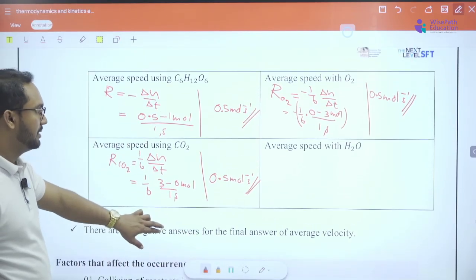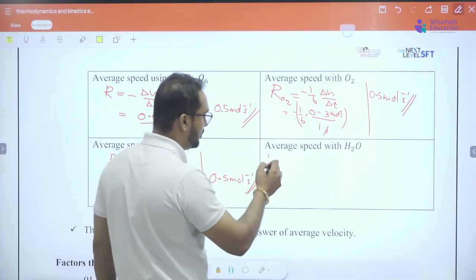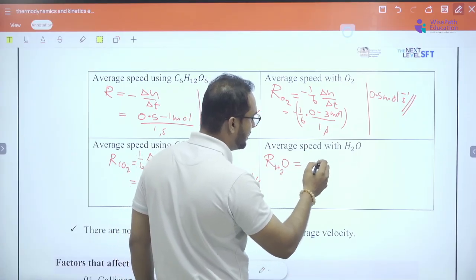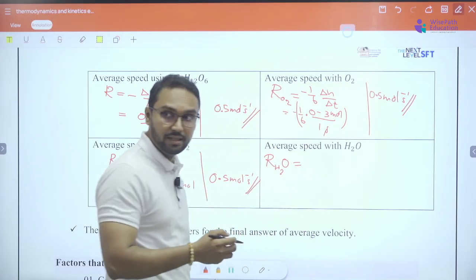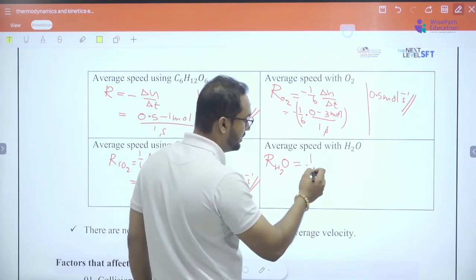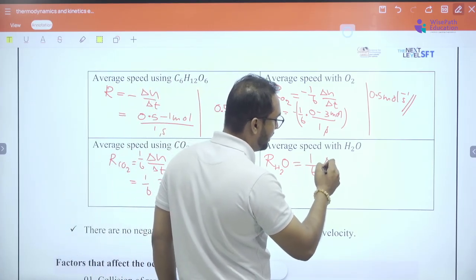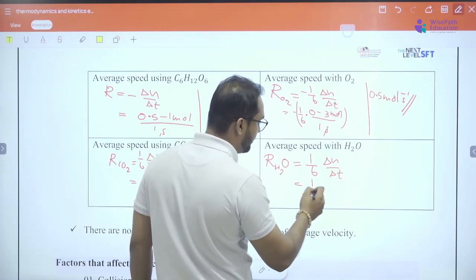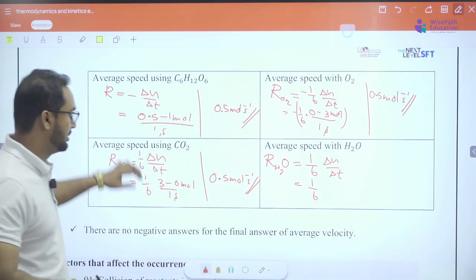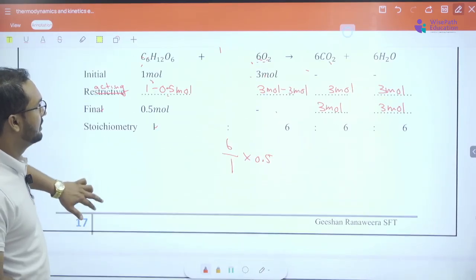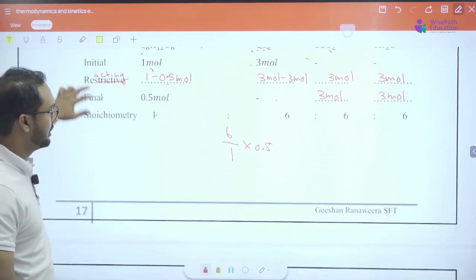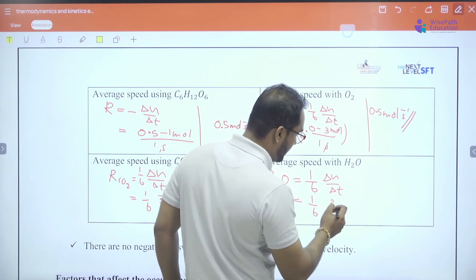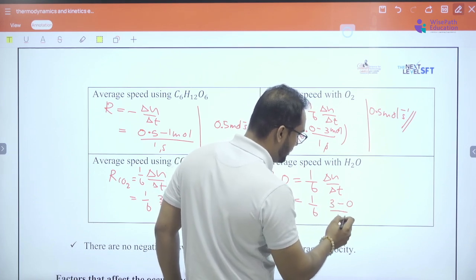And the average speed with H2O, RH2O, right? RH2O equals, again the stoichiometry is 6, right? So 1 over 6 delta N over delta T is the formula. So that will be 1 over 6 final minus initial, that is 3 minus 0 over 1 second.